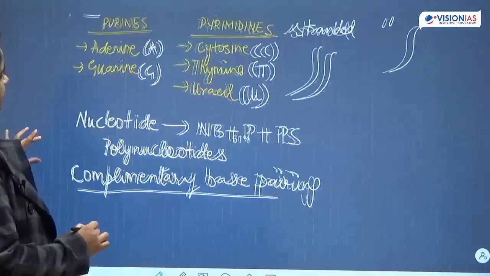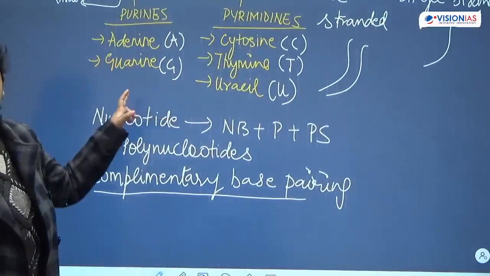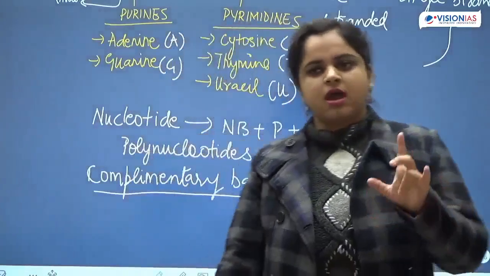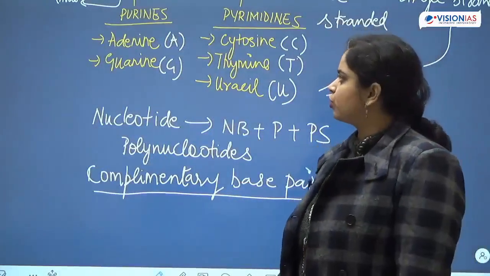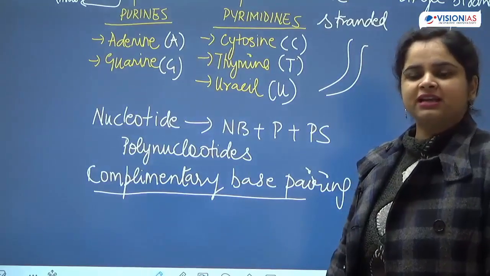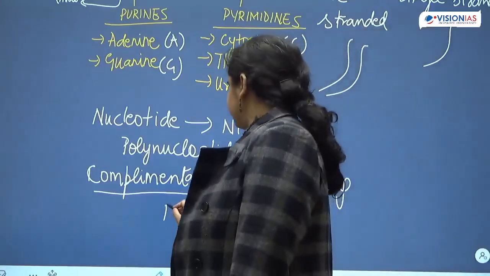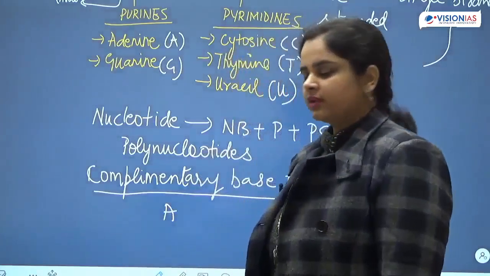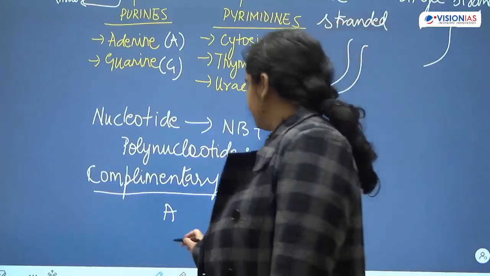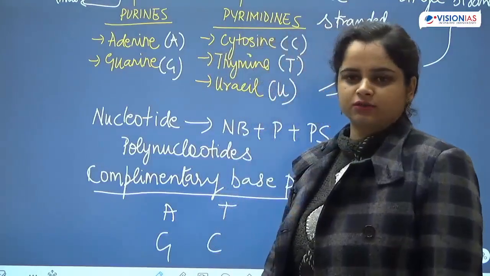Complementary base pairing, what does this mean? Which of these bases join to which other bases is fixed. A purine is going to join to a pyrimidine, and which purine joins to which pyrimidine in nature is fixed. Adenine joins to thymine. Guanine joins with cytosine.